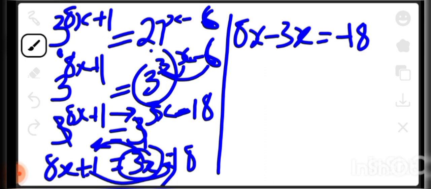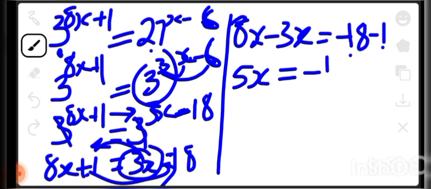Then 1 goes across as minus 1. 8x minus 3x, what is that? That's 5x. 8 minus 3 is 5. Equal to minus 18 minus 1. That is you owe 18, you borrow that one, you get minus 19.